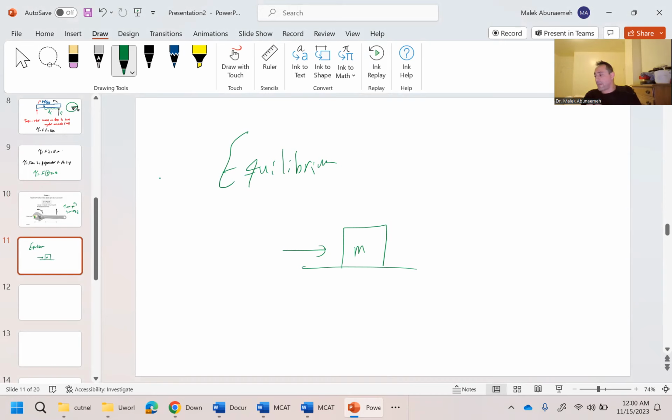But that's not always the case. An object can be either stationary or in motion. How is it going to be stationary? By having balanced forces. You're going to have a force in the opposite direction that is balanced with this force.